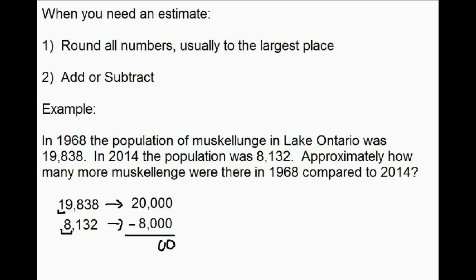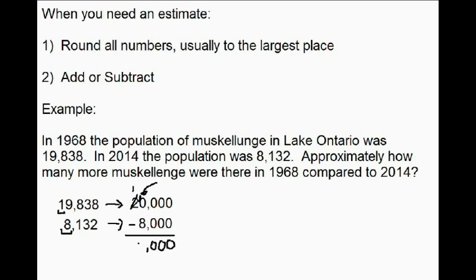That's the nice thing about estimating: when you don't need an exact value and you've rounded, you tend to start with a bunch of zeros that you either have to add or subtract, which is quite simple to do. Now here is a case where the number on the top is smaller than the number on the bottom, so we have to borrow a 1 from the next biggest place value and give that 1 to that place, turning that 0 into a 10.